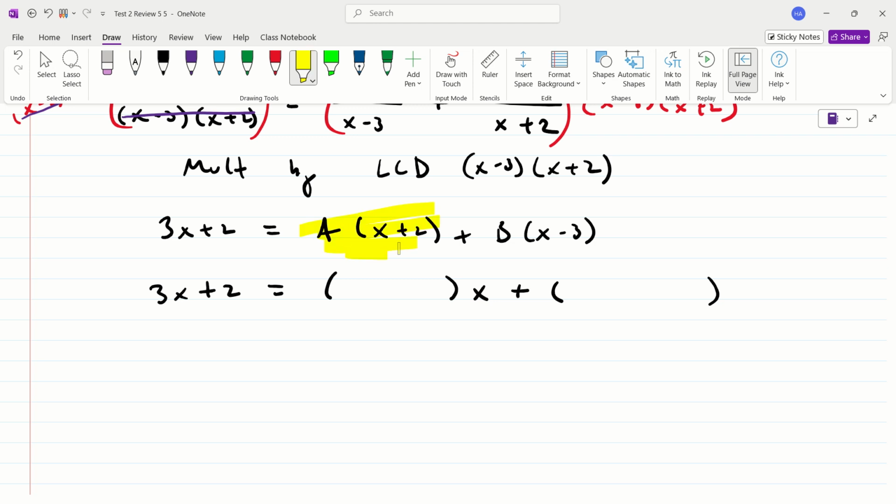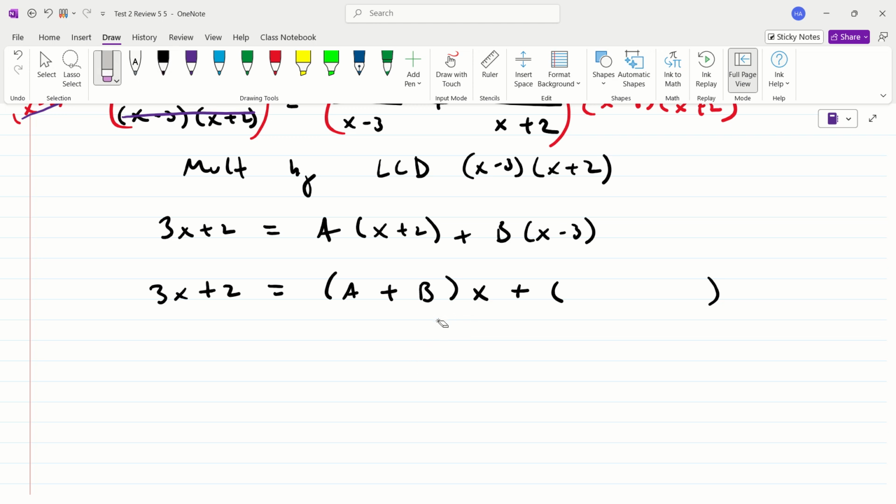From this first product, I know I have Ax involved, and I'm going to account for that by putting an A there. For that second product, I know I have a Bx involved, and I'm going to account for that guy by putting a B there. So you get your Ax, you get your Bx.